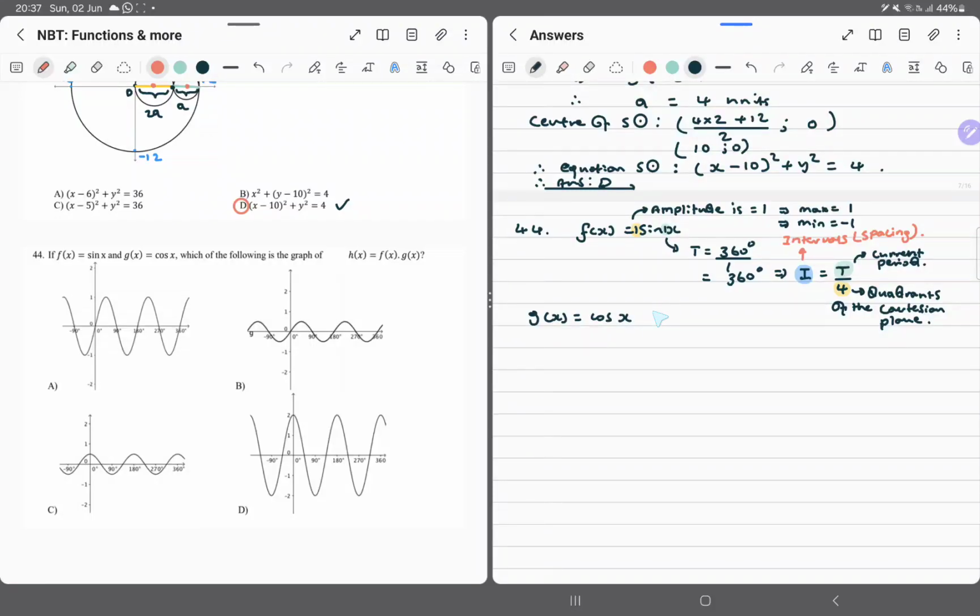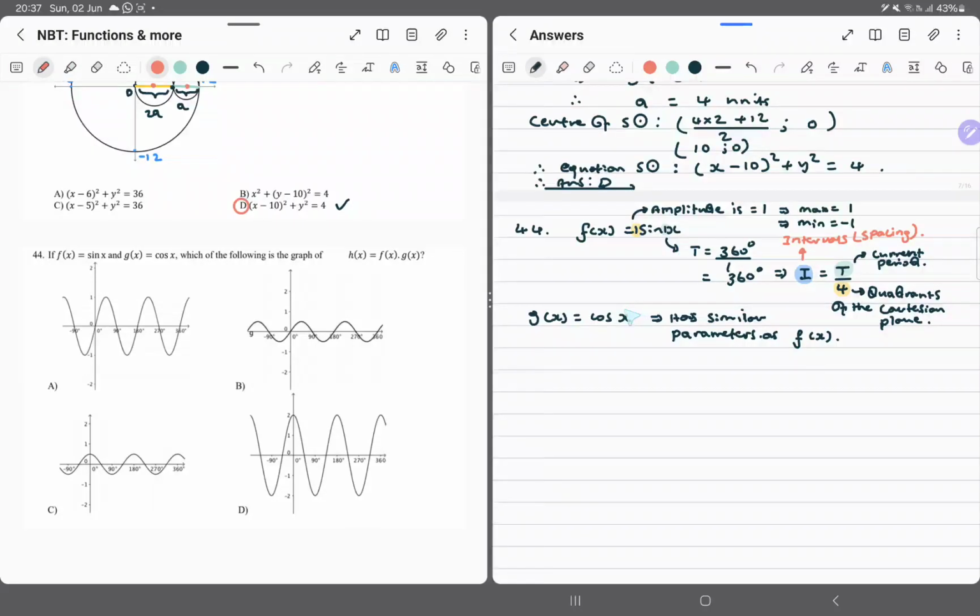Then, similar parameters. g has similar parameters as f of x.